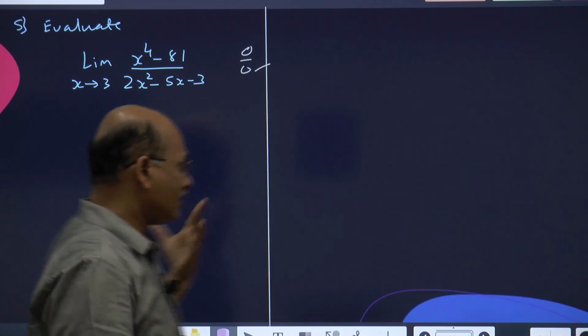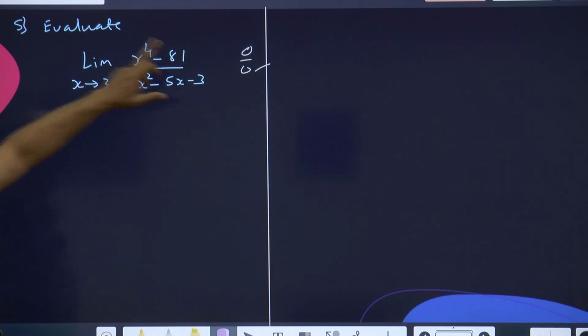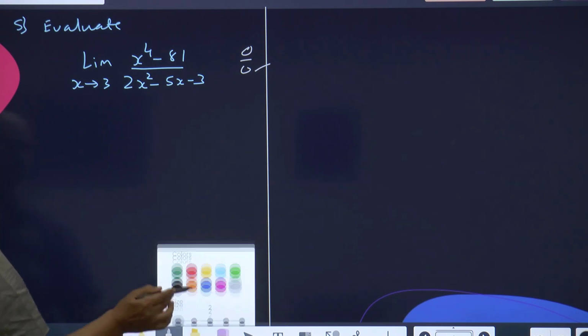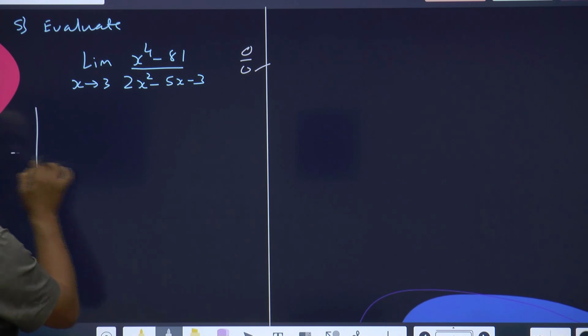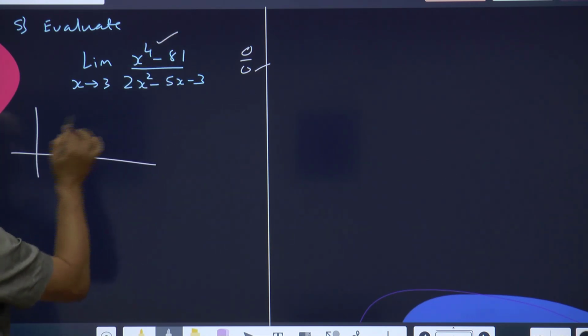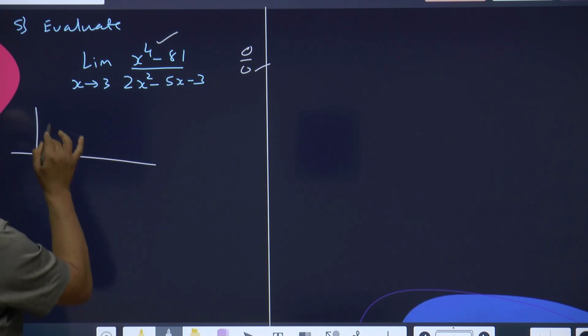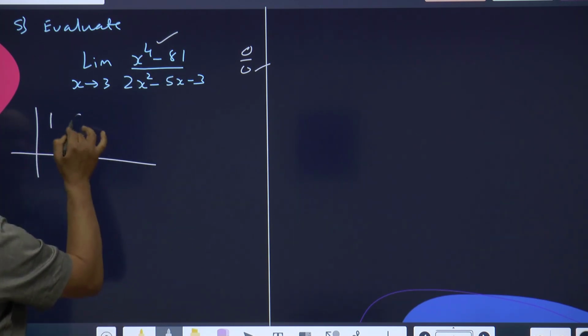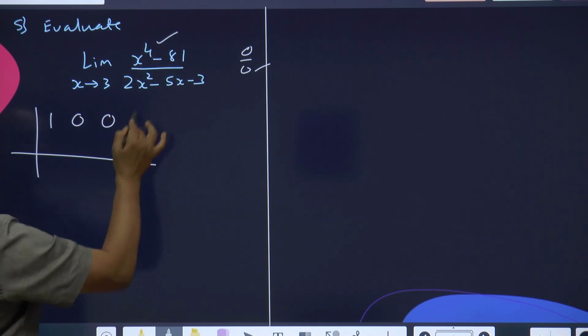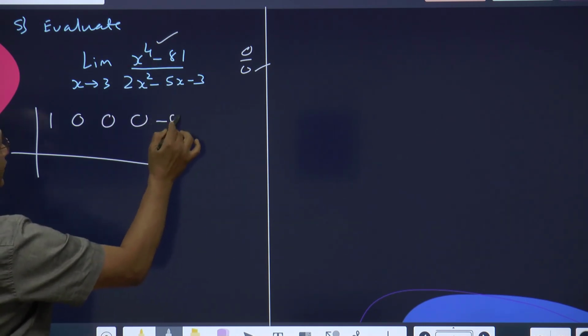I taught you about synthetic division. Factorize this part quickly. So I am just doing the factorization of the numerator now. Pay attention now. So this I am talking about x raised to 4 minus 81. So write the coefficients in descending order of the powers. 1, after x to the 4 comes cube, 0, it is not there. Square, there is no square, 0. X, there is none, and write this minus 81 quickly.